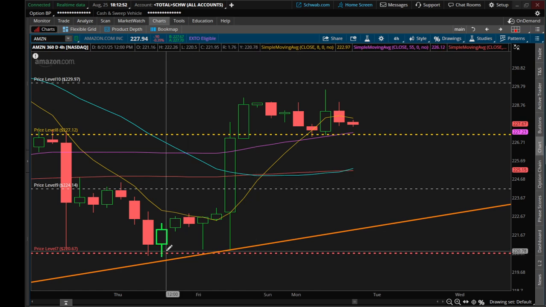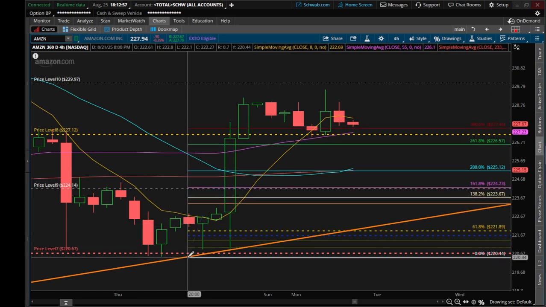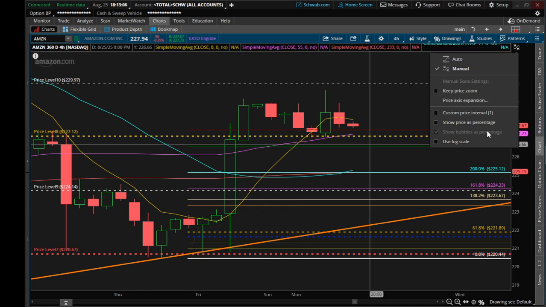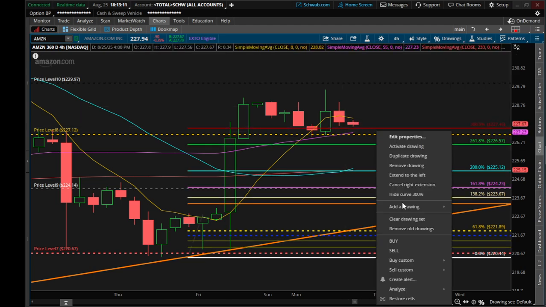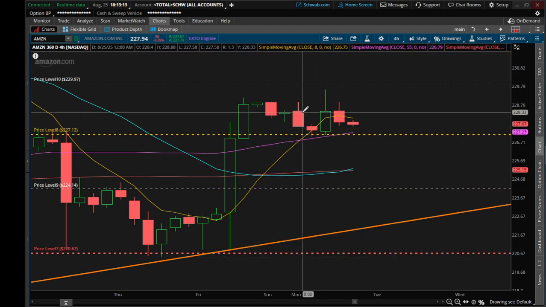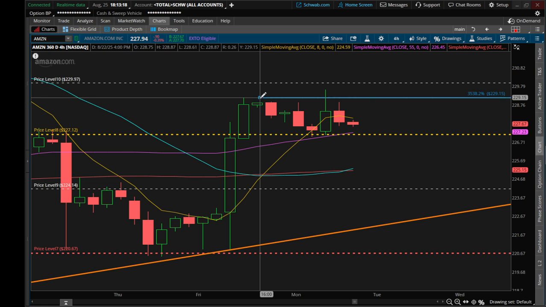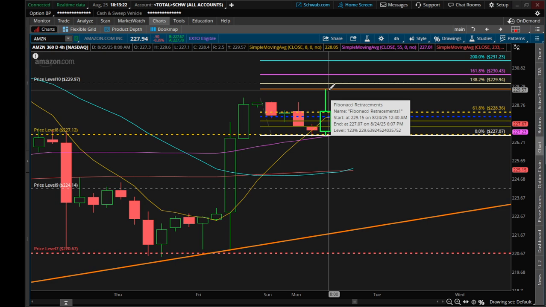All right, let's do one more measurement here. Also, this chart is on a log scale. If I take it off, it doesn't really change too much on the 4 hour. All right, just FYI. All right, so here's a 123.6 fib.